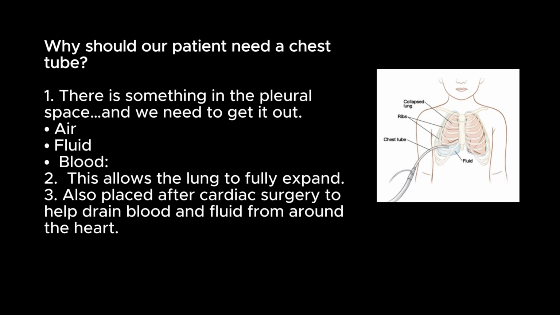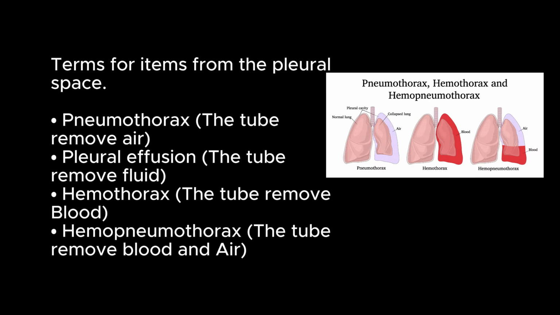Now, remember we said that among the first option, there is something in the pleural space and we need to get it out. It could be air, it could be fluid, it could be blood. So what are the terms that describe the presence of these substances in the pleural space?